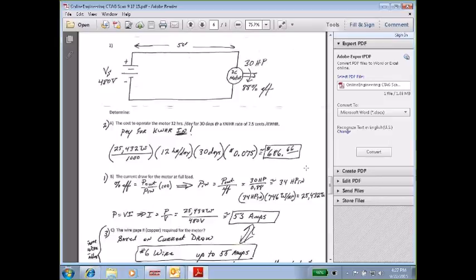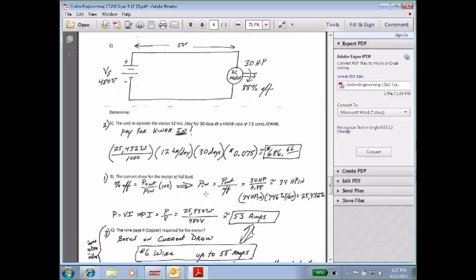Well, percent efficiency is equal to power output divided by power input times 100. If I rearrange that, I can find the power input is equal to the power out divided by the efficiency. So we've got a 30 horsepower motor divided by 0.88 efficient. That means I've got 34 horsepower going in.